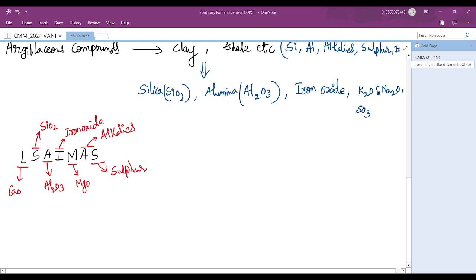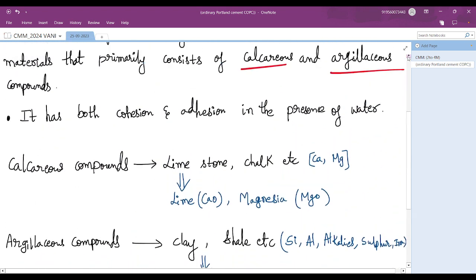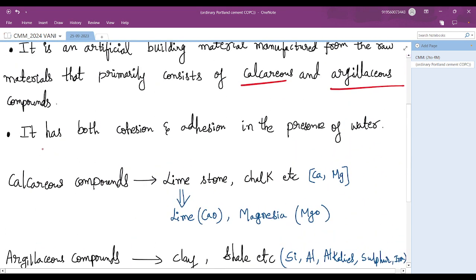Before going into that discussion, let me explain the reason for adhesion and cohesion. I think you are aware of what is meant by adhesion and cohesion. Here we have written that cement has both adhesion and cohesion. In our discussion of soil mechanics, I'll explain what is meant by cohesion and adhesion. Both are attractive forces.